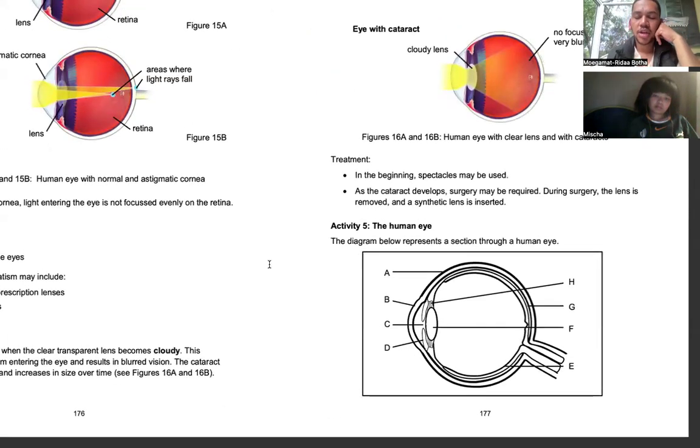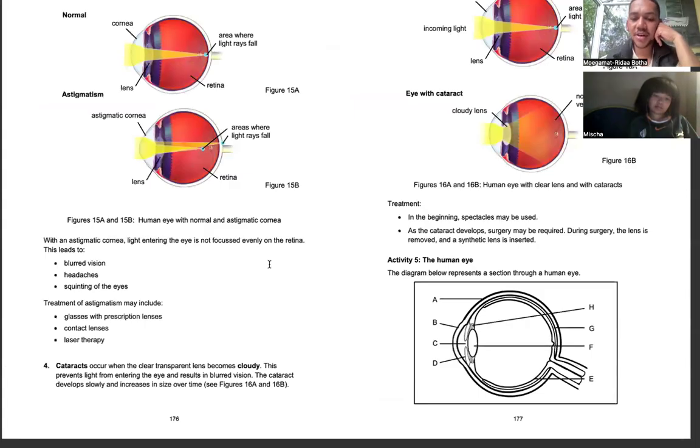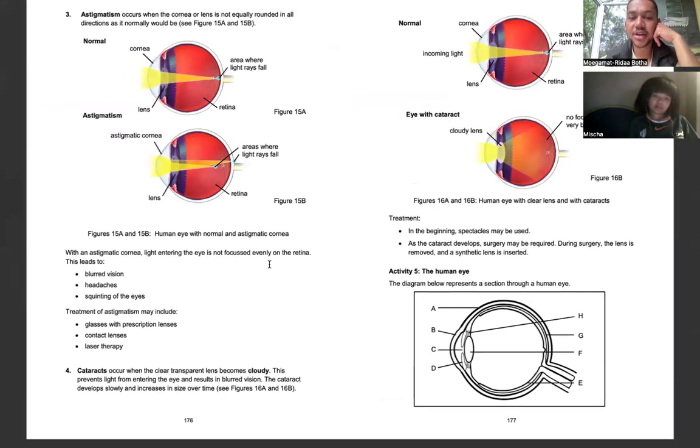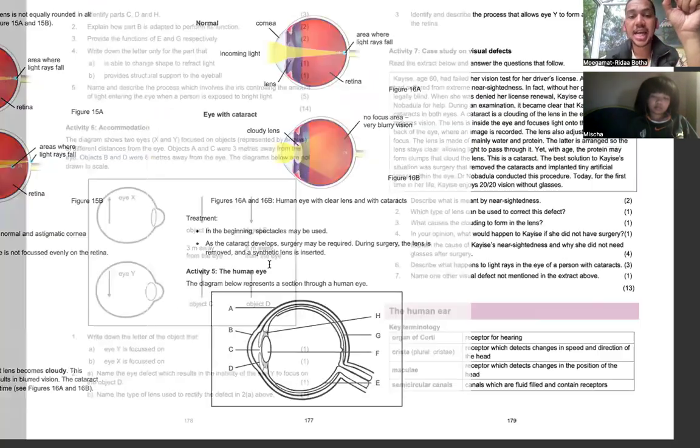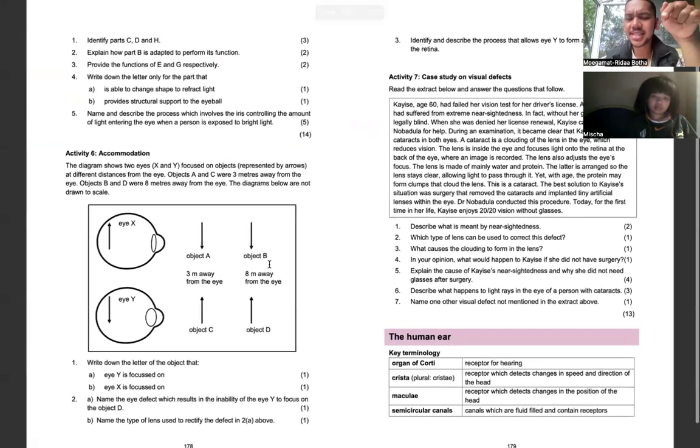Okay, so that's the end of the theory. That was a lot of theory now, actually. I'm going to send you this textbook. Do you have this textbook now?